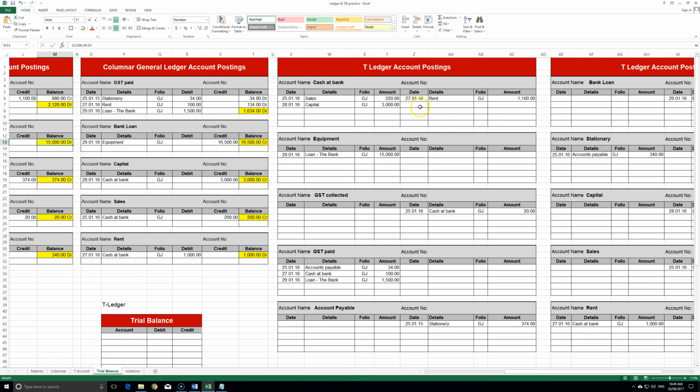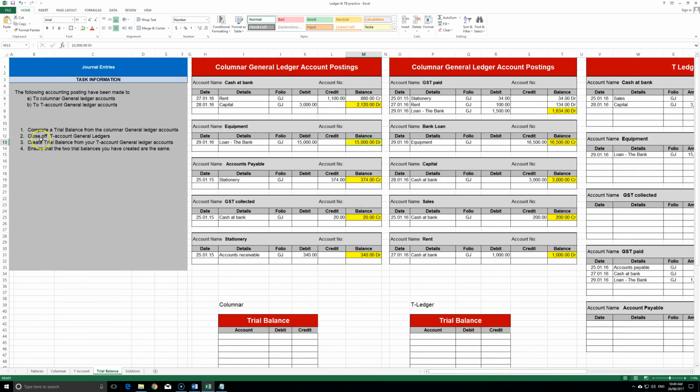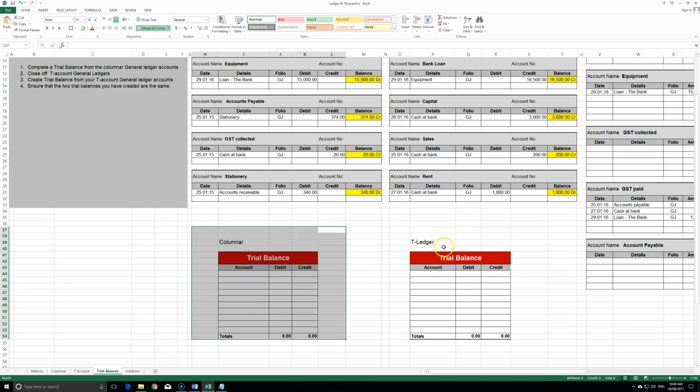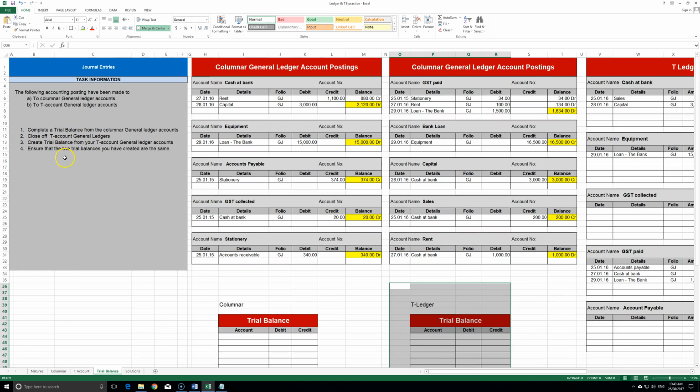So you will have to do the balance CD, balance BD process in order to work out those balances. Might be annoying, but as it is the trickiest part of T-format ledgers, it is excellent to practice it. We need to create two identical trial balances, so we'll use this one for columnar, this one for T-ledger, and make sure they're exactly the same.